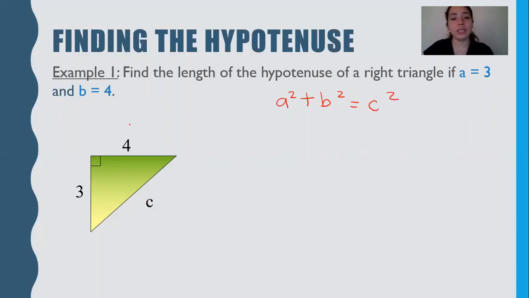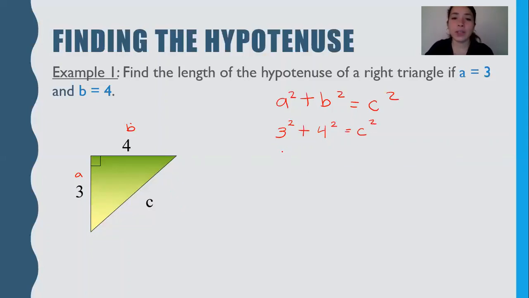Let's label: they said A is equal to 3, so this is our A, and this is our B. A squared, so we look at what's our A? Our A is 3, so we plug in 3, and we leave the squared. What's our B? Our B is 4. And we don't know what C is. That's what we're trying to figure out.